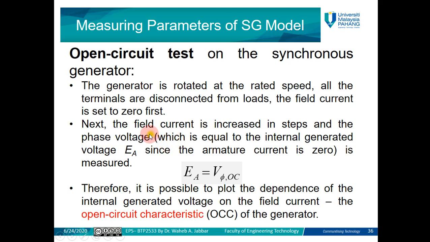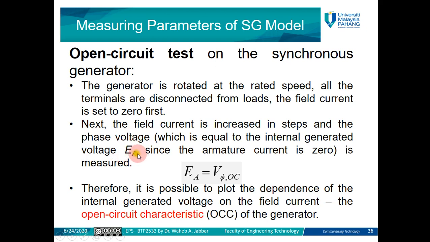So in the beginning the field current will be set to 0, meaning no DC current goes through the field windings. After that, the field current will be increased in steps, and the phase voltage will be measured. In this case, the phase voltage is equal to the internal voltage because we do not have a load, so the only voltage we have is the voltage induced in the armature winding.